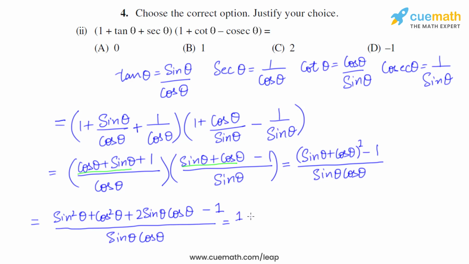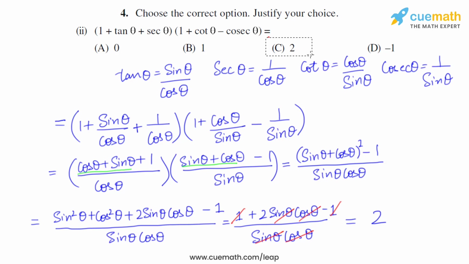So 1 plus 2 sine theta cos theta minus 1 upon sine theta cos theta. Now 1 minus 1 gets cancelled, then sine theta gets cancelled, cos theta gets cancelled. So we get the final answer as 2. So the final answer is option C, that is 2.